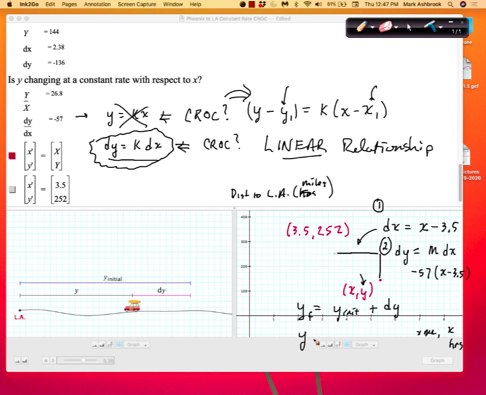What's my y initial? 252. And what's my dy? Negative 57 times x minus 3.5. So what did I just find? I found, given any new time since leaving Phoenix, the corresponding distance to LA.